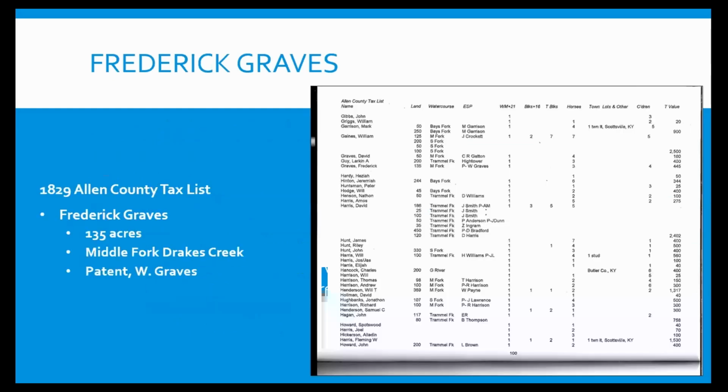And I have really simplified this down to a couple of slides here, but it's actually a complicated story. Basically, Frederick Graves is found in 1829 on the Allen County tax list. And I have put the abstract over there on the screen. I looked at the originals, and you always want to look at the originals.